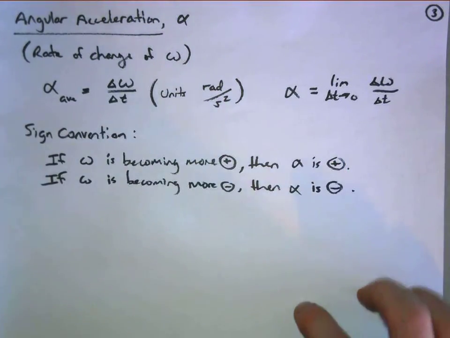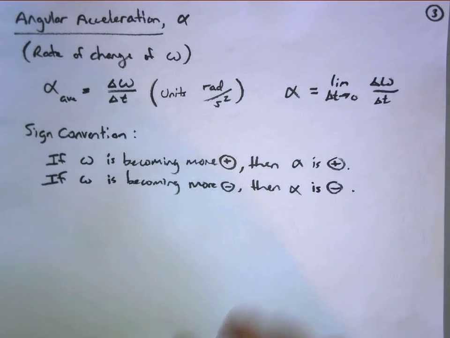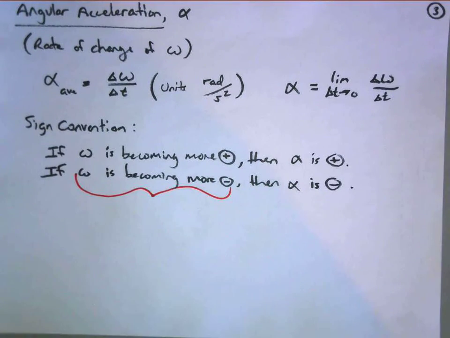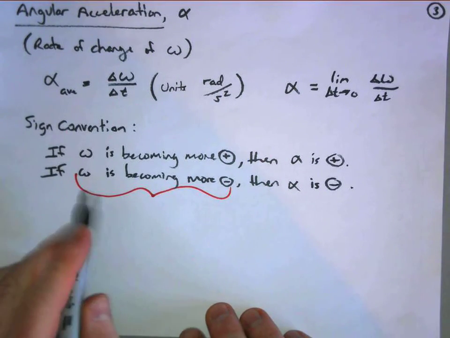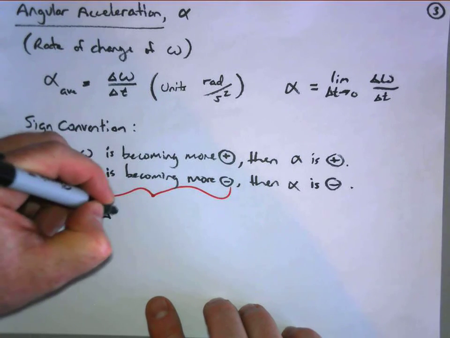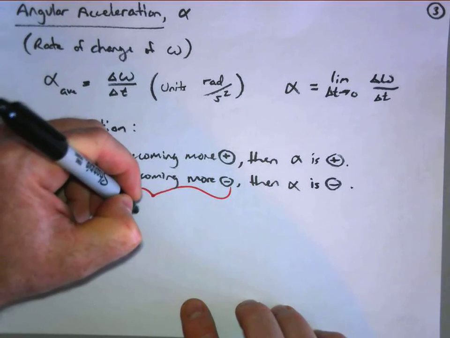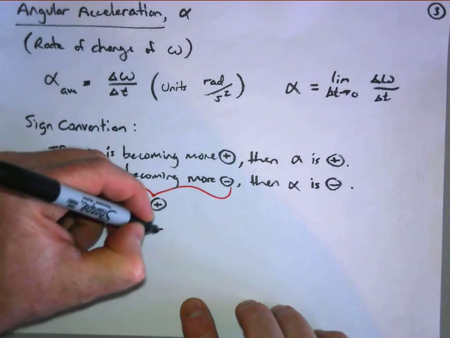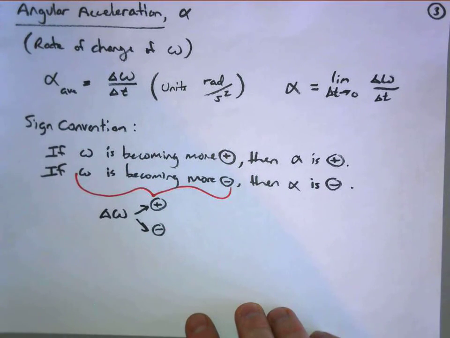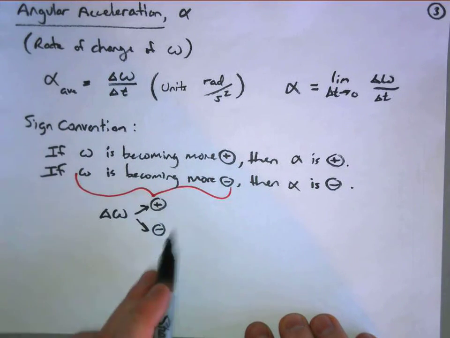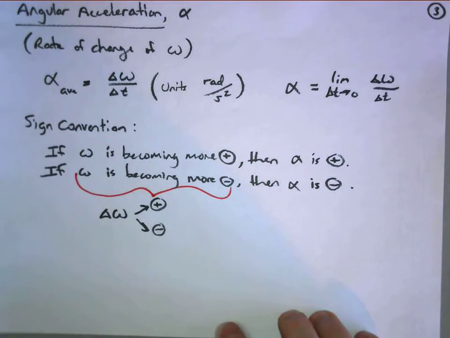Another way of saying this: if angular velocity is becoming more positive or more negative, you can simply look at the change in angular velocity, whether it is a positive change or a negative change. That would indicate a positive angular acceleration or a negative angular acceleration accordingly, right?